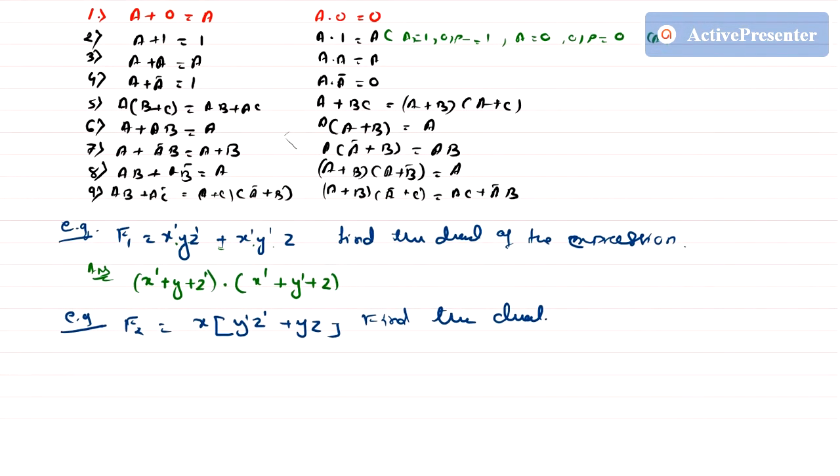So the dual you have to write like this, f1 dash. So here the answer I will write f2 dash equals to. So you try to solve this, then we'll close this class for today.